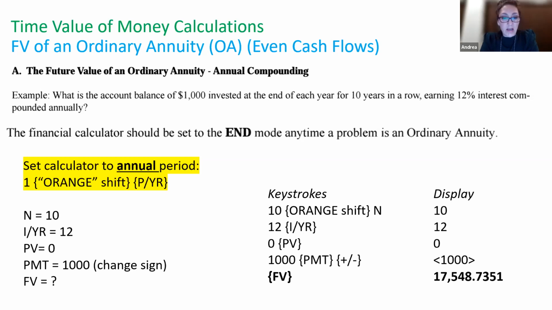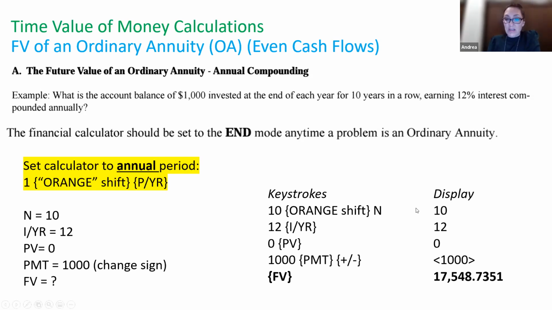Here our calculator is set to end mode. Here are our variables: 10 years, 12% per year. The payment is $1,000. We're going to change the sign to negative, and we're solving for future value. So our keystrokes: 10, shift, N, just to be habitual with that.